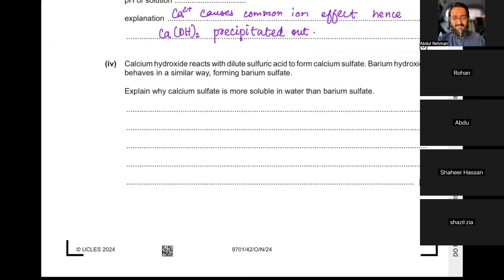Now, fourth part. Calcium hydroxide reacts with dilute sulfuric acid to form calcium sulfate. Barium hydroxide behaves in a similar way, forming barium sulfate. Explain why calcium sulfate is more soluble than barium sulfate. So the reasoning is exactly opposite of the solubilities of hydroxides, right?